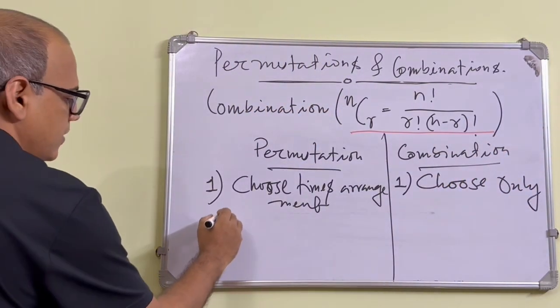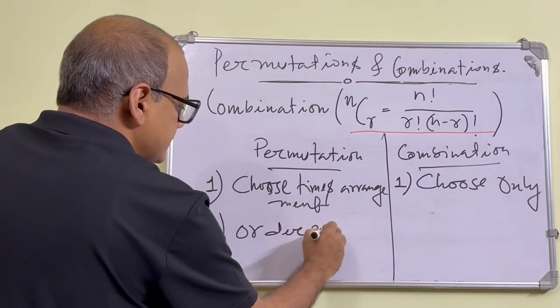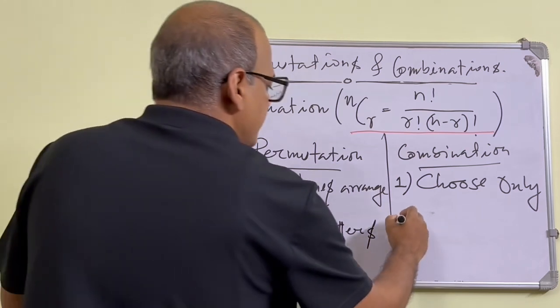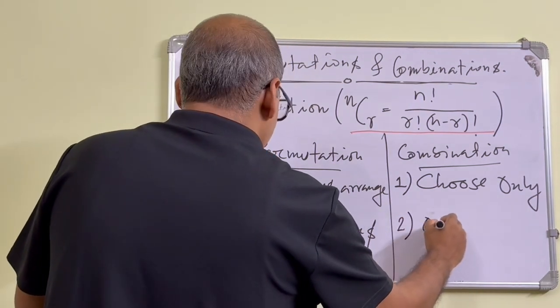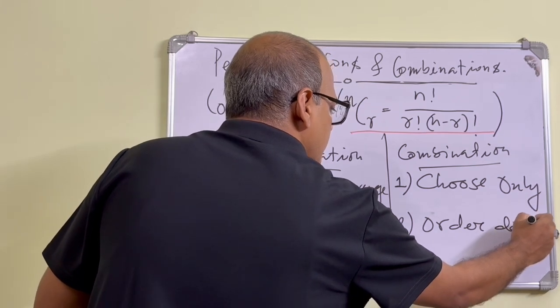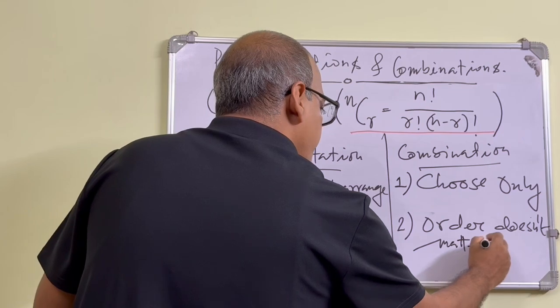Second difference: in permutation, order matters; in combination, order doesn't matter.